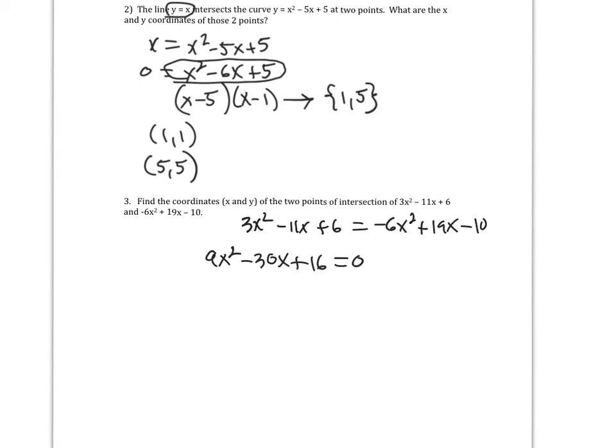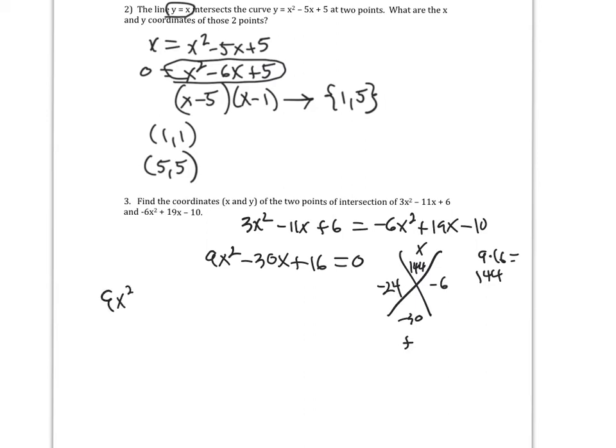So I get this, and then I need two numbers that multiply to, so 9 times 16 is equal to 144. So I need two numbers that multiply to 144 and add up to negative 30. Those two numbers turn out to be negative 24, negative 6.